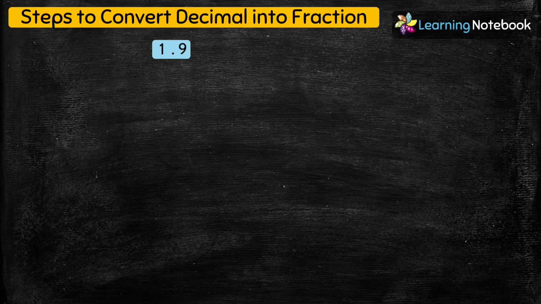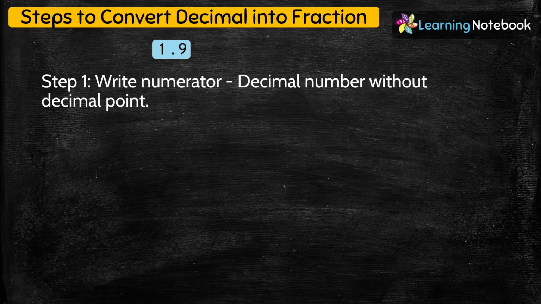So here the question is, convert 1.9 into fraction. So in step 1, we will write the numerator of the fraction, which is the given decimal number without the decimal point. So the numerator of this fraction would be 19.